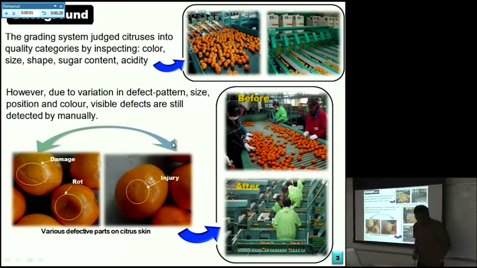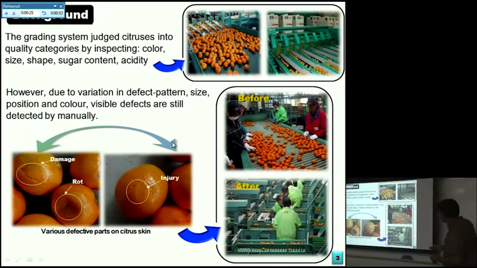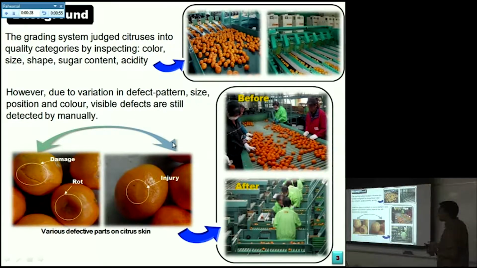Next, background. The citrus grading system in Japan sorts citrus into quality categories by inspecting parameters such as size, shape, color, sugar content, acidity, etc. However, citrus that contain visible defects such as rot, damage or injured parts, whose color is slightly different from the healthy parts, are still detected manually before and after grading operations.